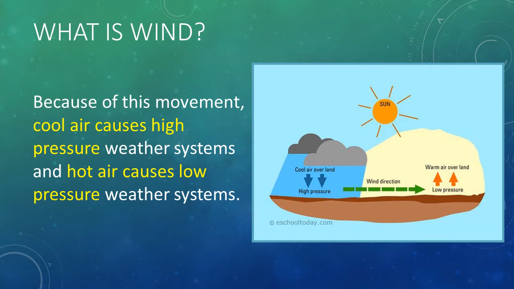So again, to reiterate, that rising of warm air and sinking of cool air causes wind. It's wind and air pushing itself across the Earth, again, due to the uneven heating and cooling of the Earth.